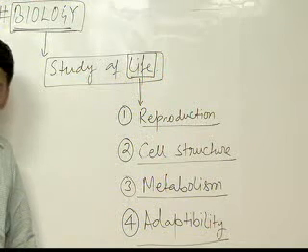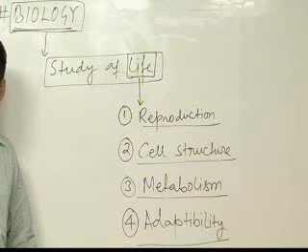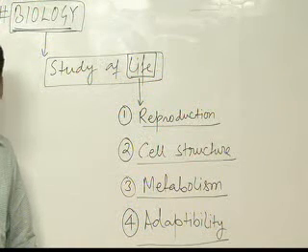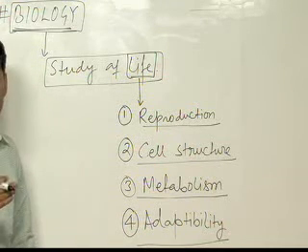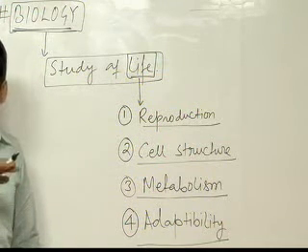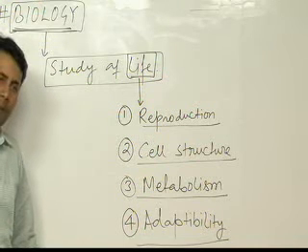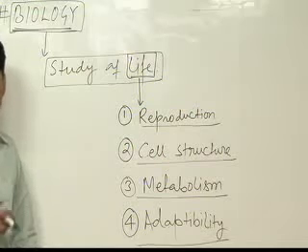And skin color darkens so that you can be saved from the harmful effect of ultraviolet radiation. Ultraviolet radiations are harmful because they can lead to skin cancer. And if melanin pigments are spread and the color of the skin is darkened, then the effect of ultraviolet radiation will be minimized. That is the short term adaptation.